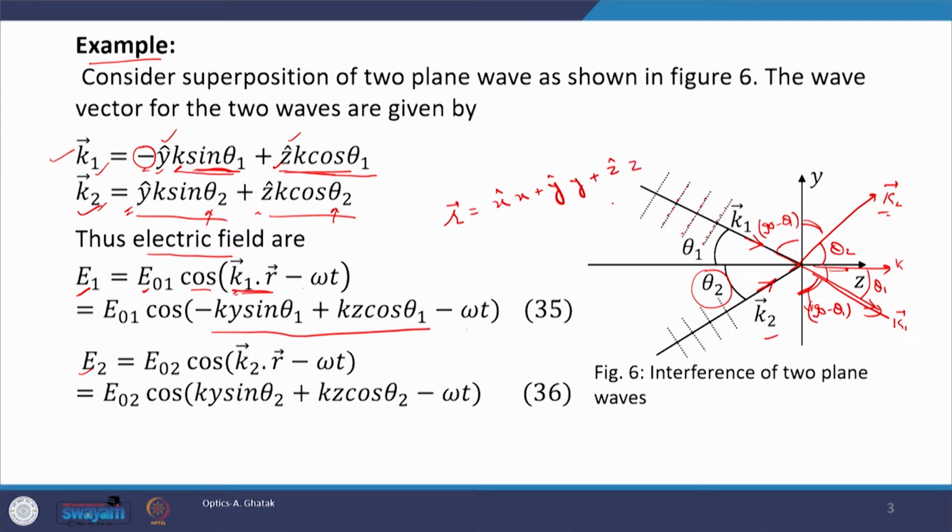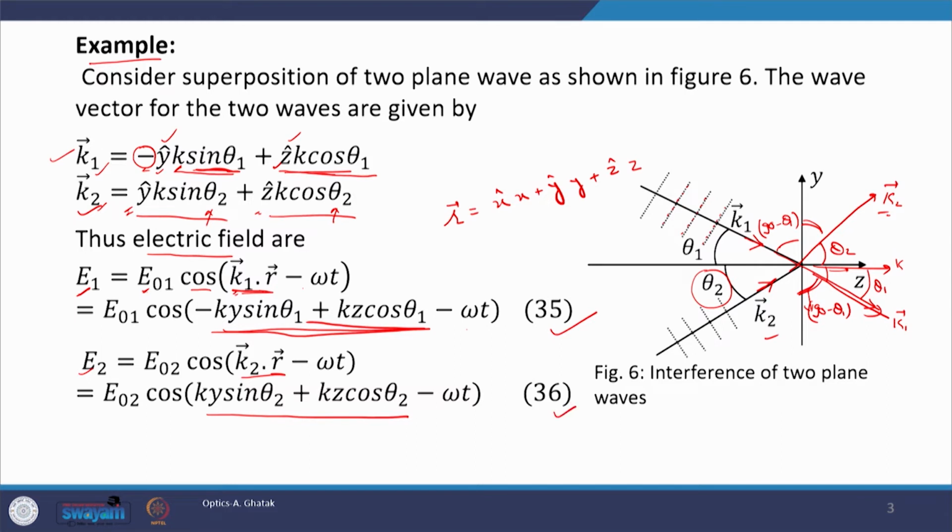If you write it in this form and then take the dot product of k1 with r, then you will get this expression. Similarly, for k2 dot r you get this expression here. Now, therefore, we have the expression for electric field of both the waves as E1 and E2, which are given by equation 35 and 36 respectively.